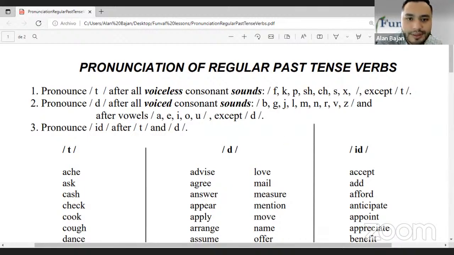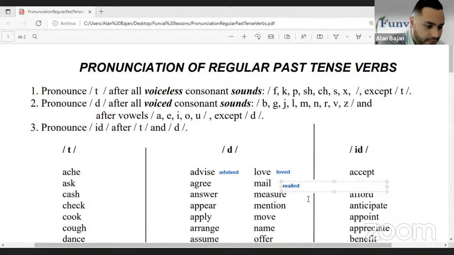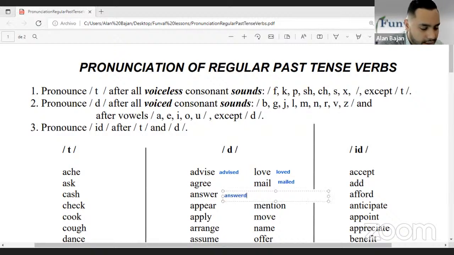Okay, so this is interesting here. Because when you write a verb in past tense, you add ed because it's regular, right? Because when it's regular, we add the ed.